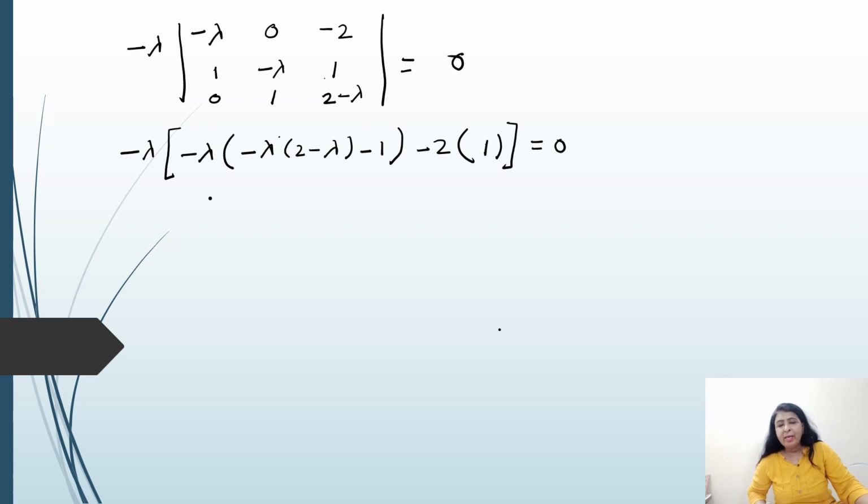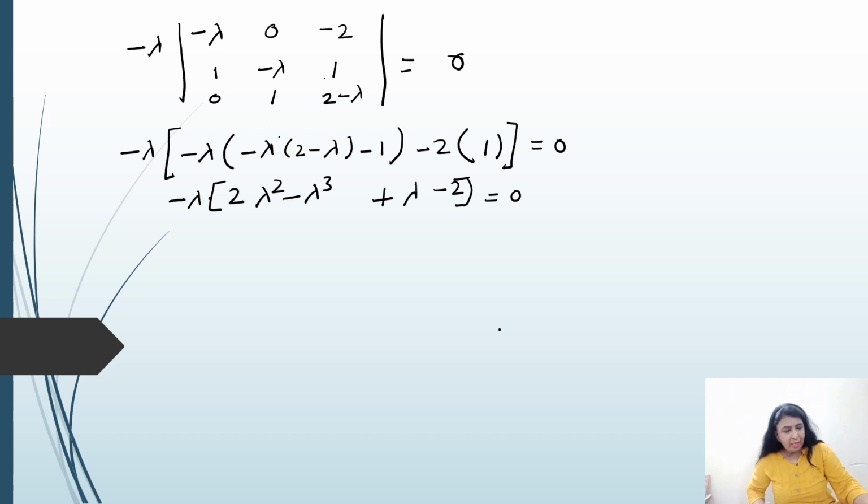Now expand it. On expanding it, you will get minus lambda into 2 lambda square minus lambda cube plus lambda minus 2 is equal to 0.